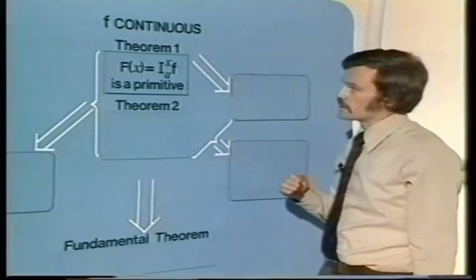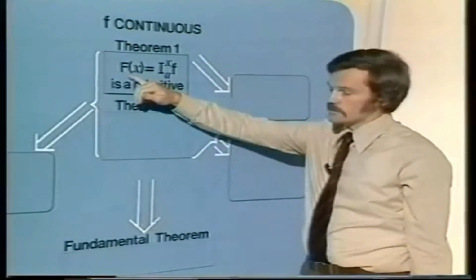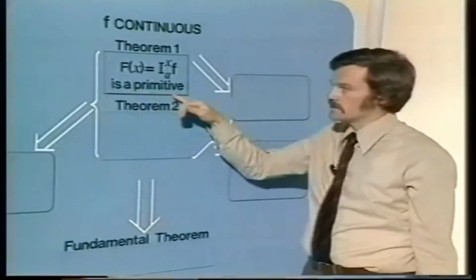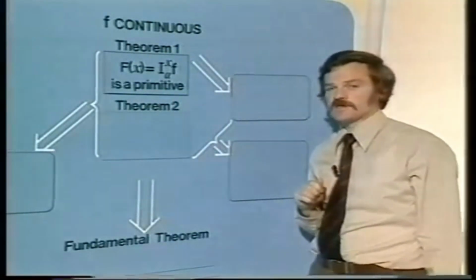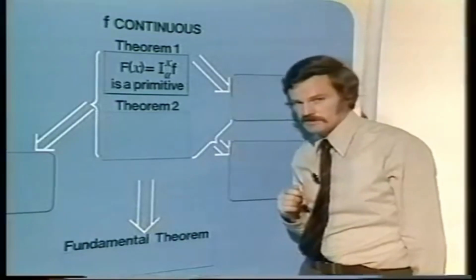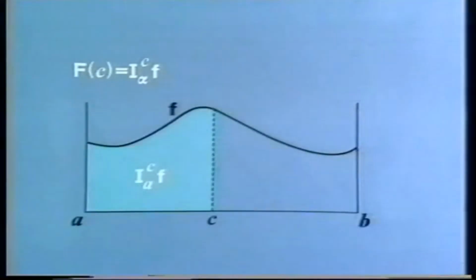Now, what our theorem says is that for any integral function I, the integral so far function capital F is a primitive of little f. That is, little f is the derived function of the integral so far function. Well, now let's prove that theorem.